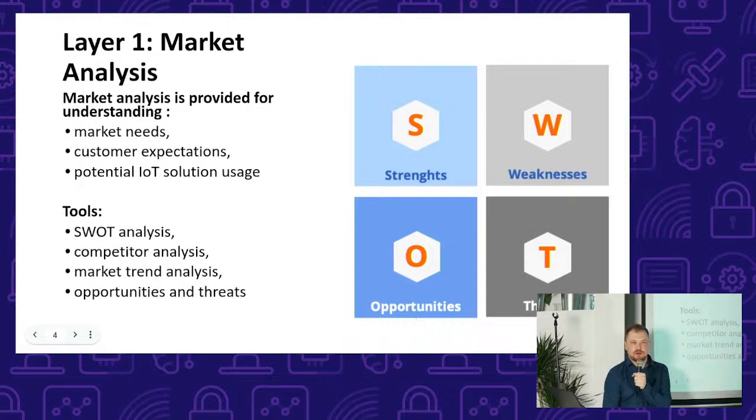Usually different analysts use such techniques as SWOT analysis, when we figure out future project strengths and weaknesses, try to find opportunities, and also to find all possible risks and threats of our product.